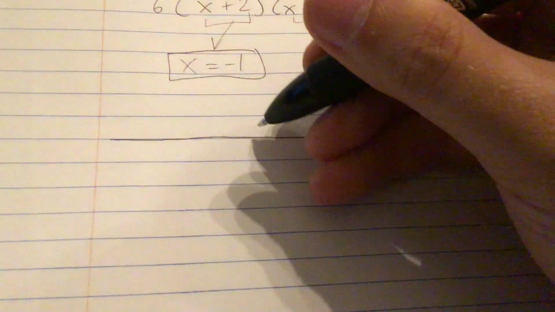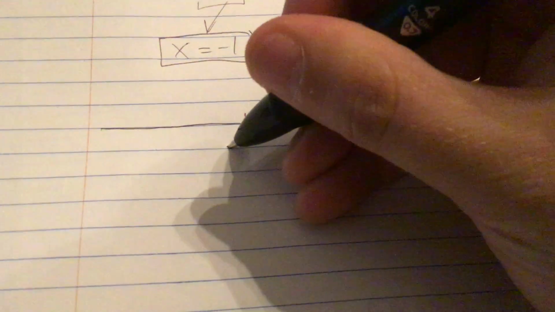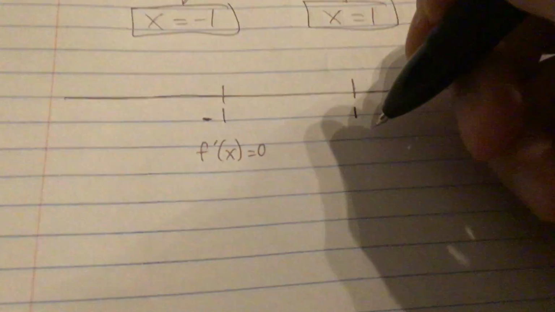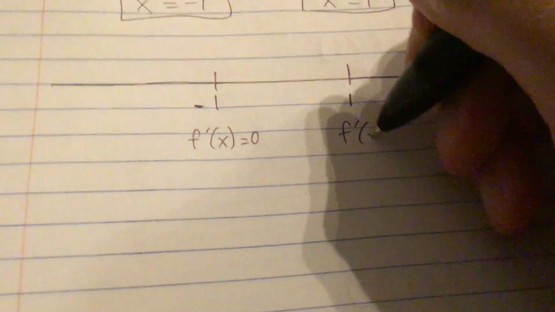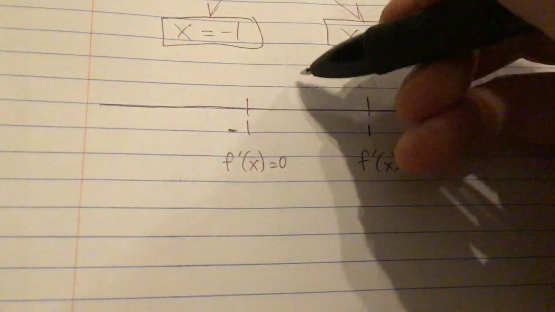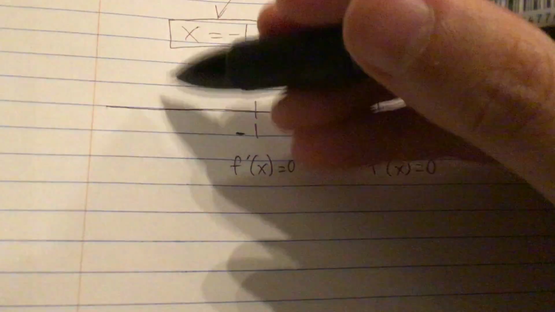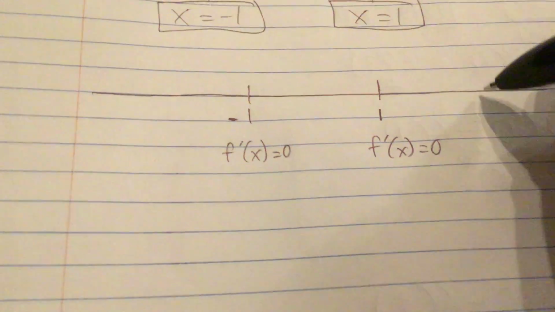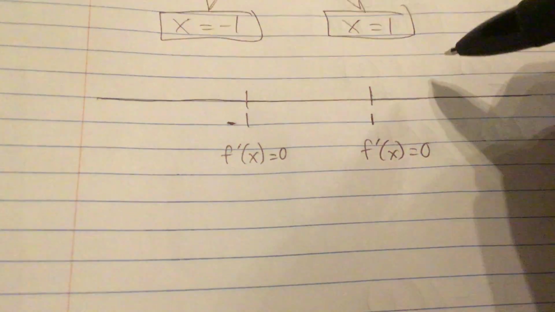So I care about -1 and I care about 1, and this is where f prime of x is equal to 0. X equals -1, x equals 1. So I'm going to test to the left of -1, test between -1 and 1, and test after x equals 1.